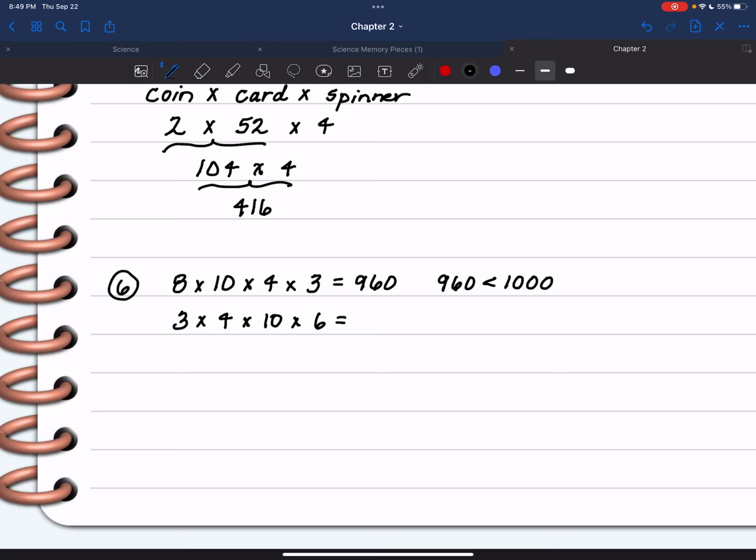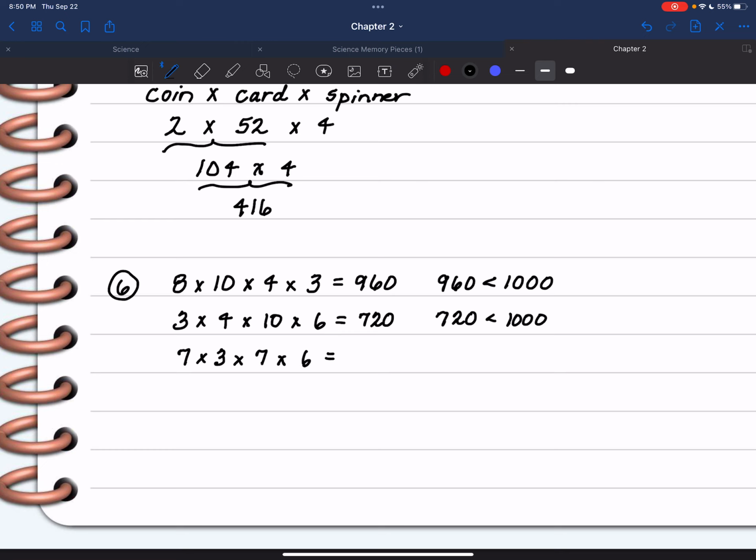So we have 3 times 4 times 10 times 6 is 720. 720 is less than 1,000. This is not the answer. This is a weird question. I'm just picturing this in my mind. 7 pairs of eyes, 3 pairs of ears, 7 noses, and 6 mouths.